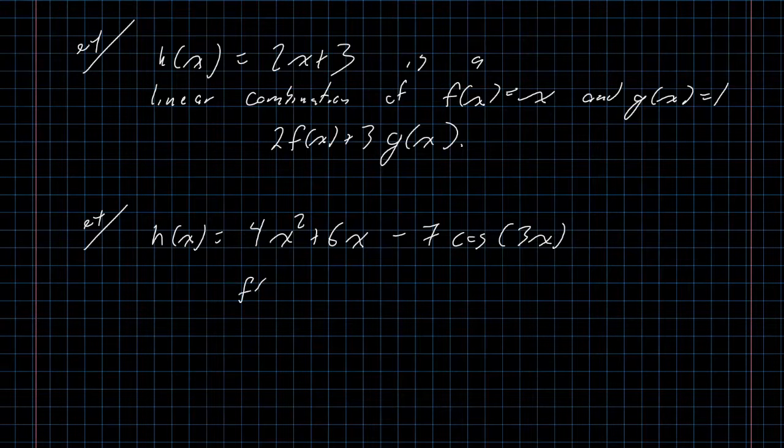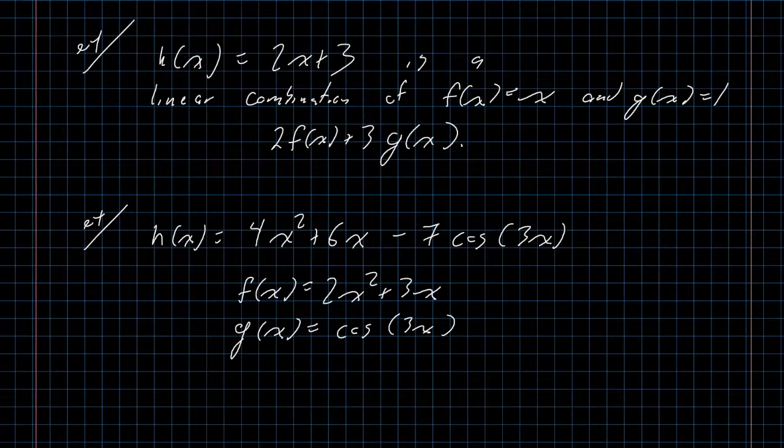Specifically, if I define f of x equals 2x squared plus 3x and g of x equals the cosine of 3x, then h of x is 2 times f of x minus 7 times g of x.